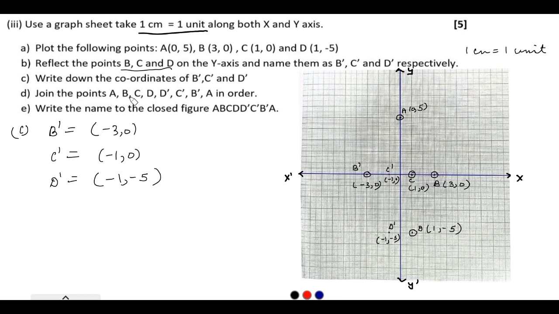Part D, join the points A, B, C, then D, D dash, C dash, B dash and A. Write the name of the closed figure so formed. This closed figure is an arrowhead.